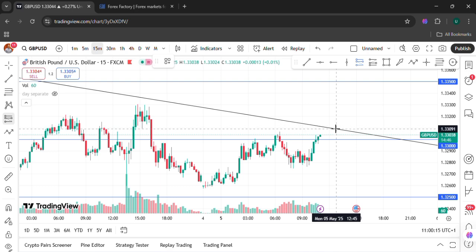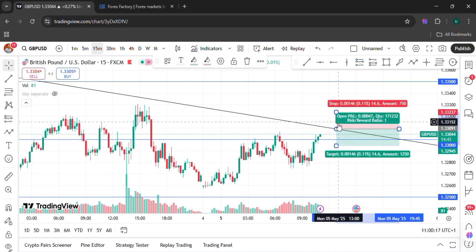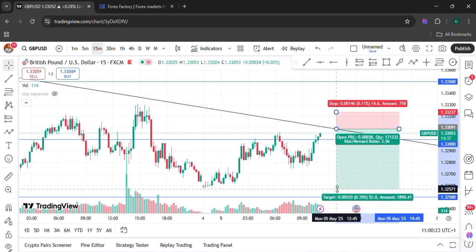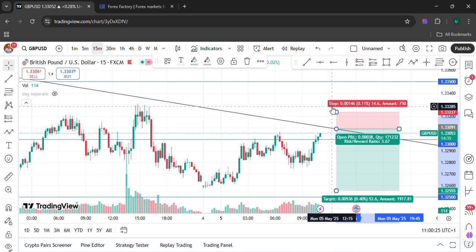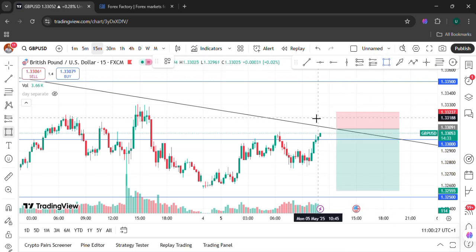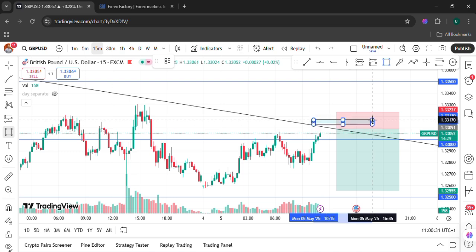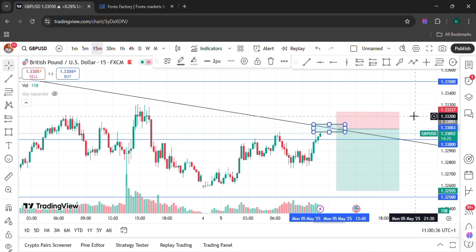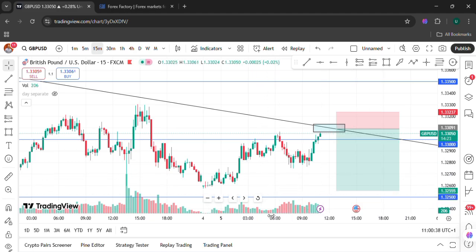We see the performance of the candlestick around here before we go into the trade. If we see weak rejections, we'll be going into the trade here. So let's wait.